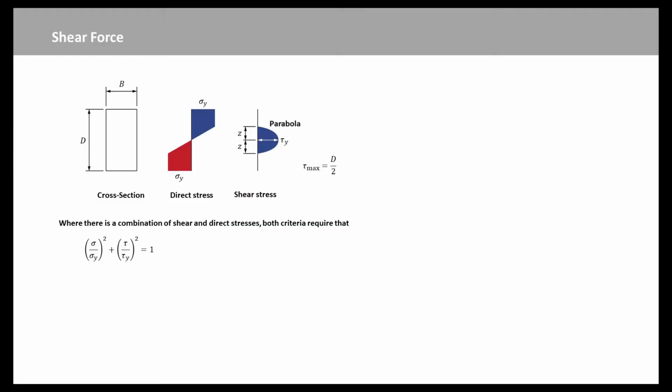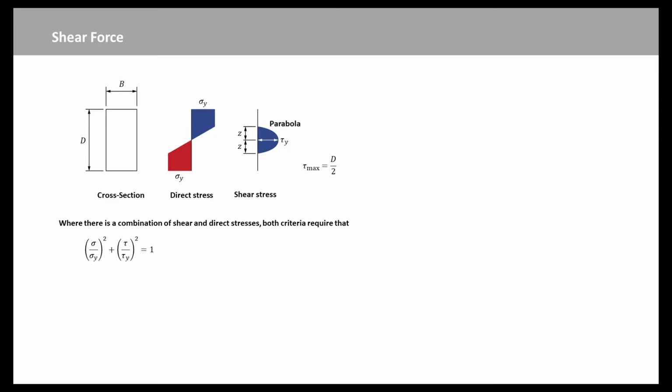Generally, beams must resist the combination of a bending moment and a shear force N. This means there is usually a combination of direct stresses sigma from the moment and shear stresses tau. In these circumstances, the shear and the direct stresses interact with each other in causing the material to yield. In order to determine the onset of yield, a yield criterion has to be used.